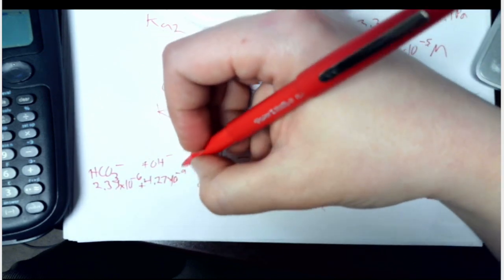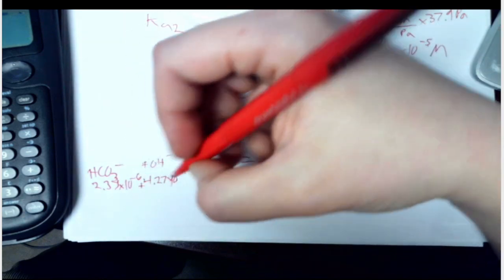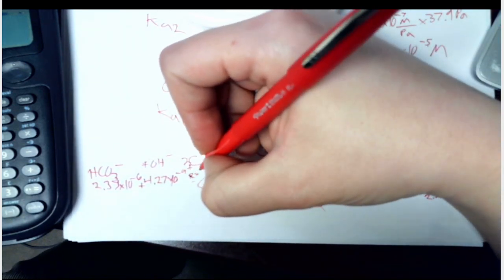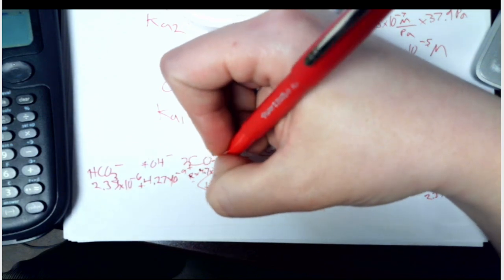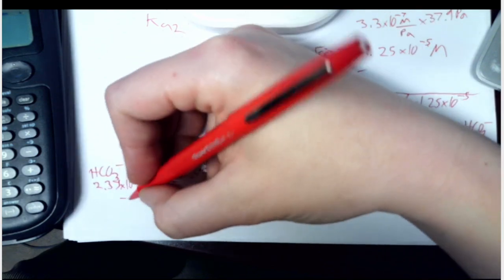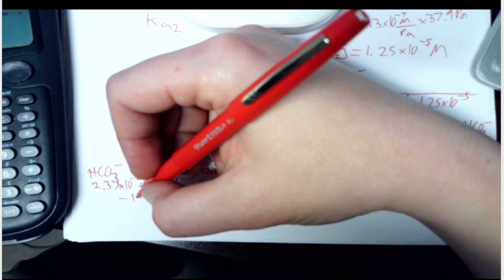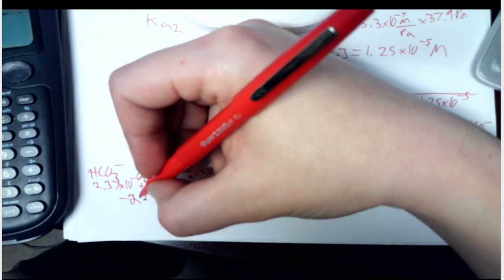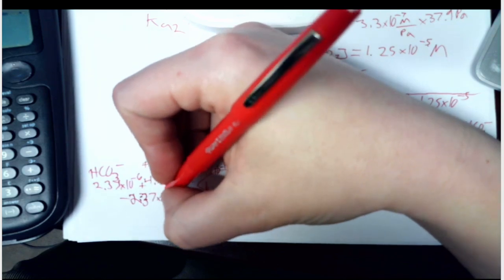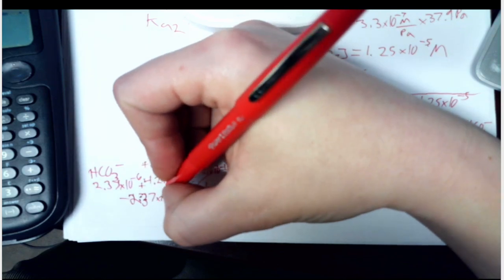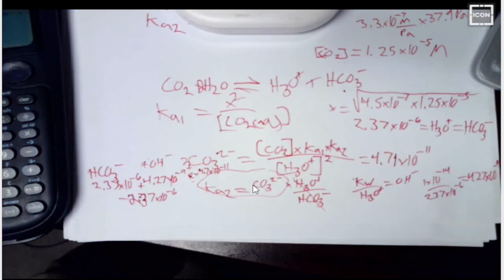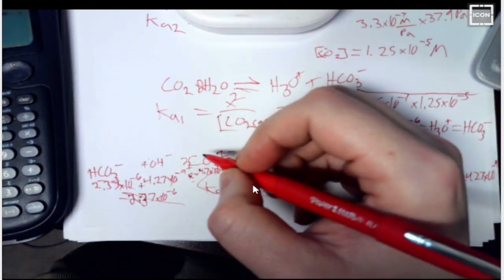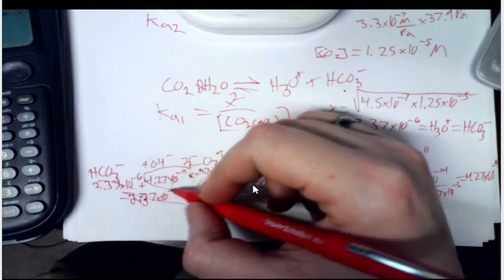And we're going to have our double effect, two carbonates, 2 times 4.7 times 10 to the negative 11th. But we have to subtract out our acidity, which is subtracting out our 2.37 times 10 to the negative 6th. Sorry. And so that part cancels out. So largely it's this.